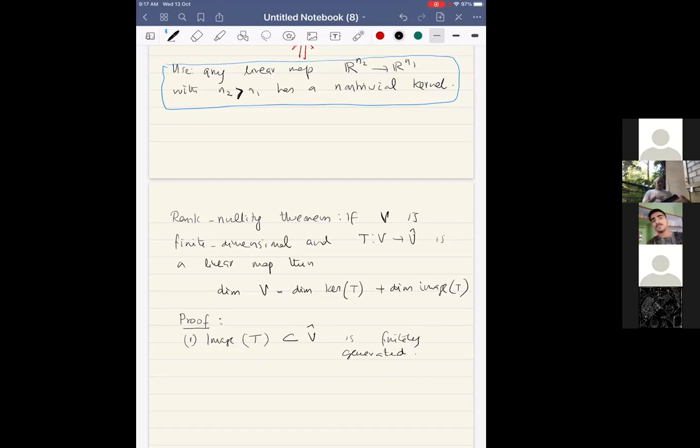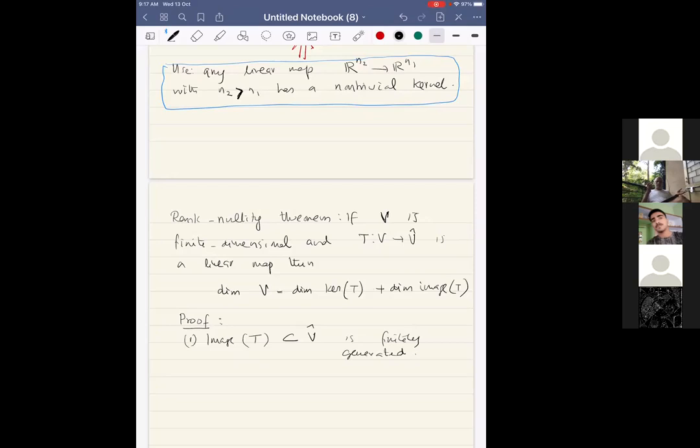See, the way I have stated the theorem, I have assumed that the first vector space V is finite dimensional, but I have not assumed anything about V hat, because all the action is taking place only in the image. The image is a subspace, and I don't care what the bigger V hat is. The image is going to be finitely generated, and therefore it's going to be finite dimensional.